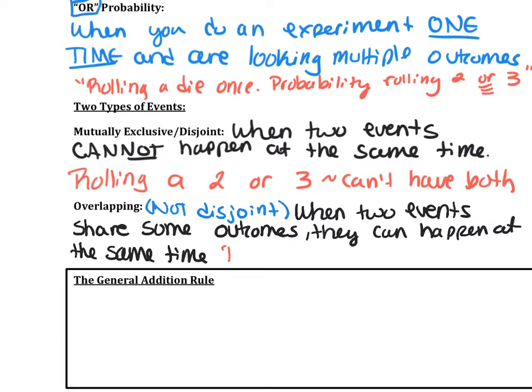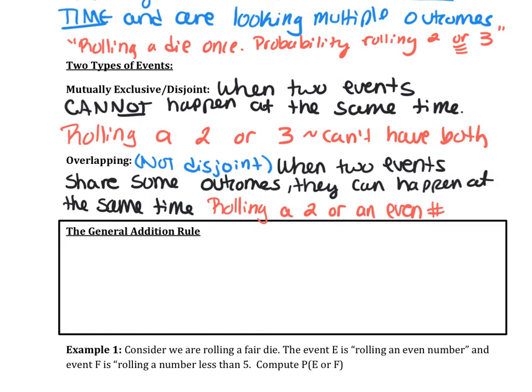This would be like rolling a 2 or an even number. 2 is even, so it is possible to get both of those things at the same time. So 2 is in that overlap area where it satisfies both events. It's an outcome in both of them.